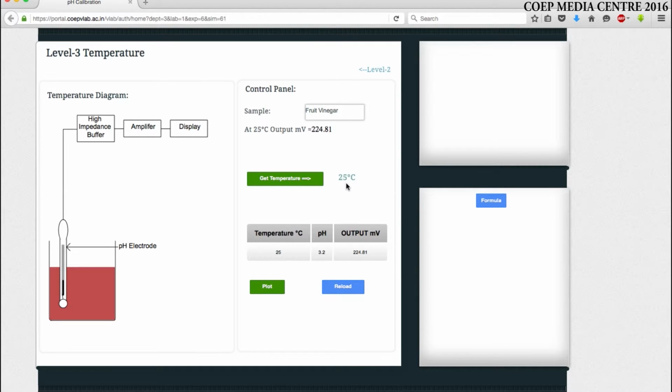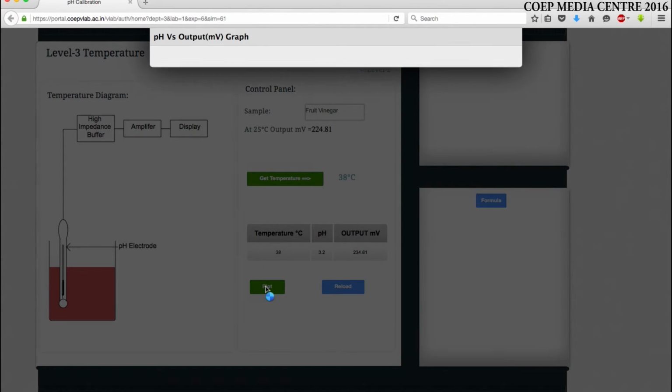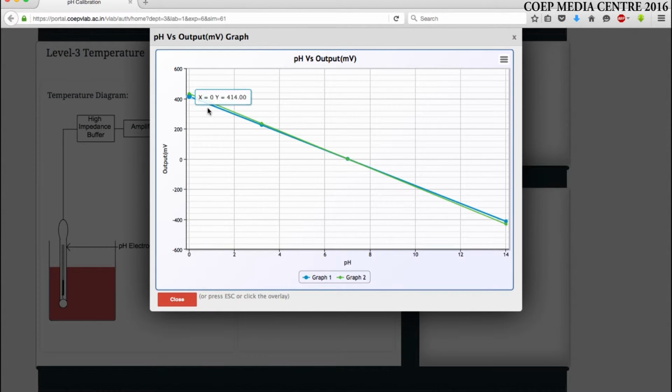Suppose I have exposed this electrode to 25 degrees Celsius. What will be the output? The output would be 224.81. If I do it for 38 degrees Celsius, the output will become 234.61. That means as the temperature is increasing, the output millivolt is increasing. You can plot a graph which clearly indicates the relation between temperature and pH.